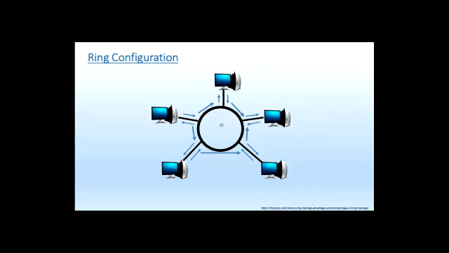But in a token ring, if this computer tries to communicate with this computer, for example, and this link is broken, it's going to try to send it that way, but it's going to notice, oh, there's a broken link, so let me try to send it the other way. So this would be a token ring, where the communication goes both ways, in both directions.